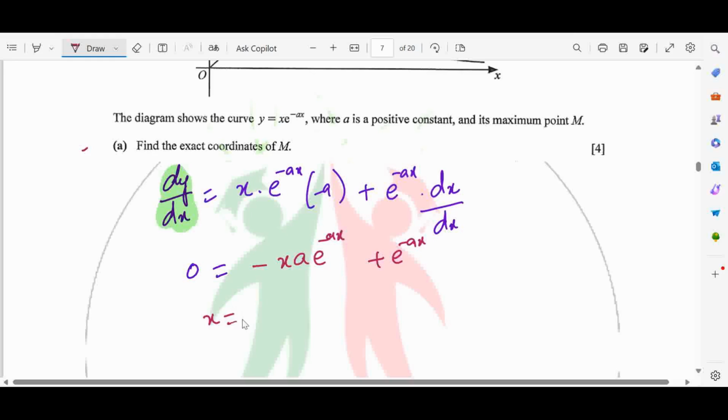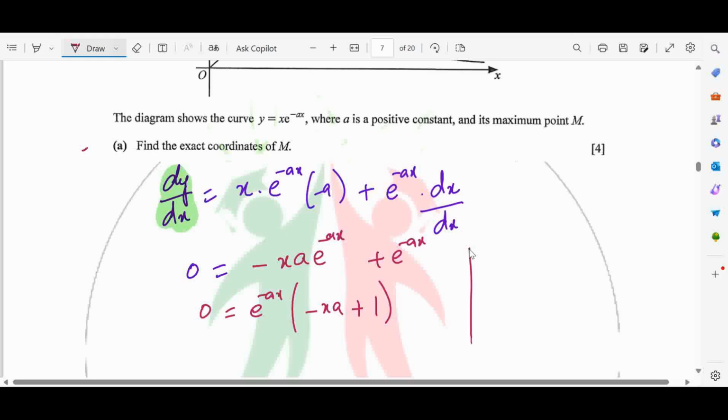Now we can just take e power minus ax common first: e power minus ax common, this will be minus xa plus 1.